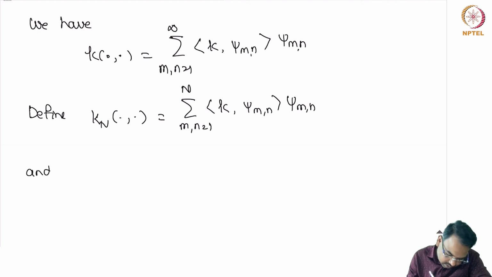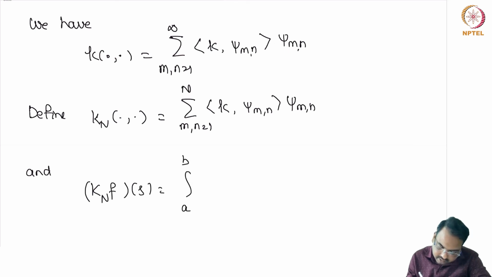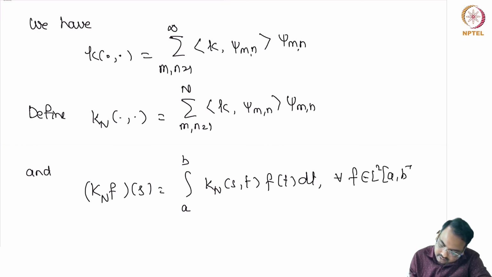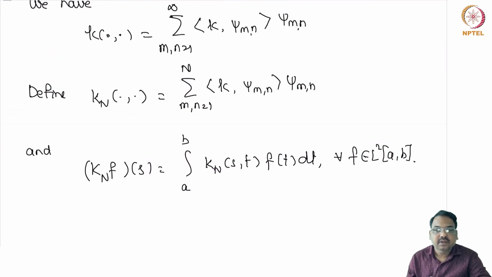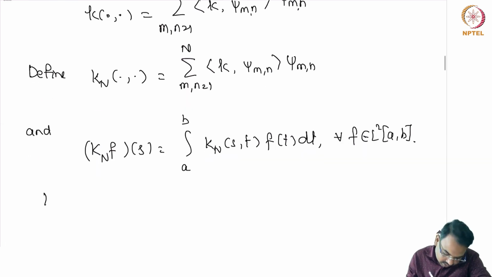And define the integral operator K_M f at s as the integral from a to b of k_M(s,t) f(t) dt for every f in L2[a,b]. Now this kernel k_M is a finite rank kernel. So from this we can say that K_M is a finite rank bounded operator.